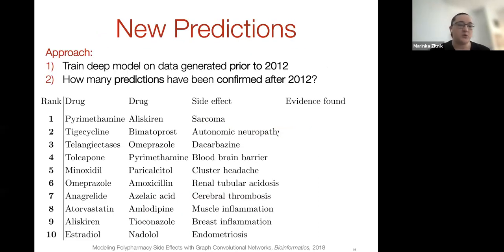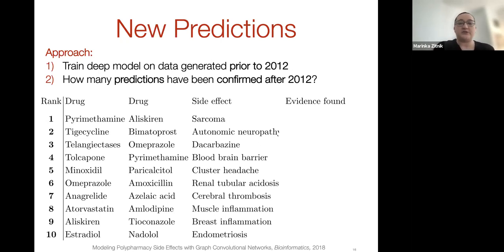So when we trained the model, we conducted a variety of different experimental tests, including different kinds of classic cross-validation settings and disease and drug-centric splits and so on. I will just mention one particular experiment here, and that was a temporal split of the data, where we trained the model on the polypharmacy knowledge graph that was constructed based on data generated prior to 2012.